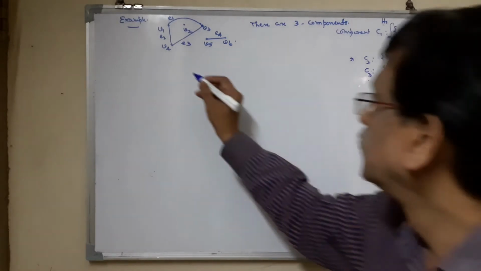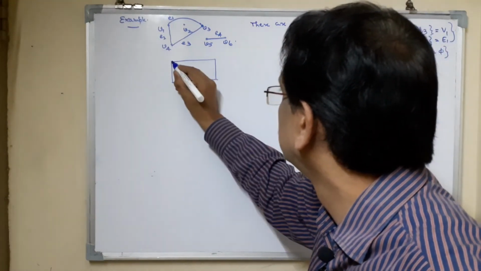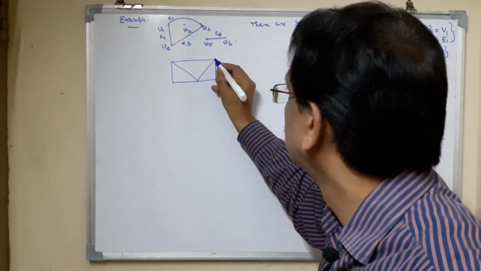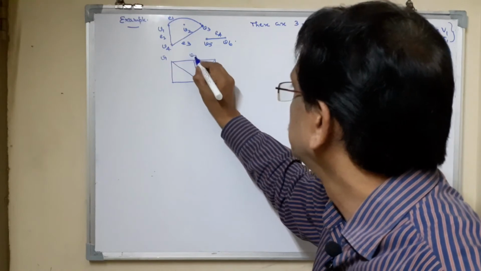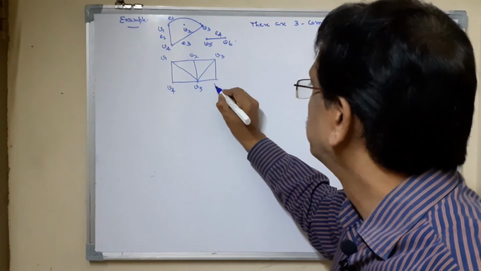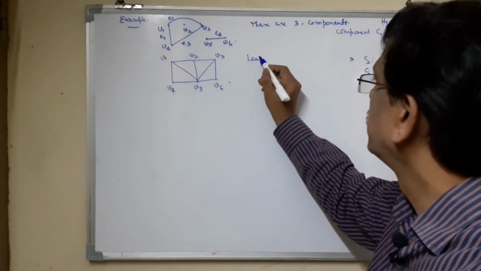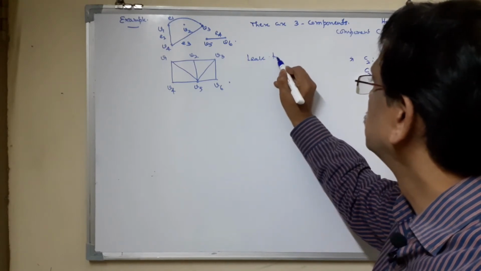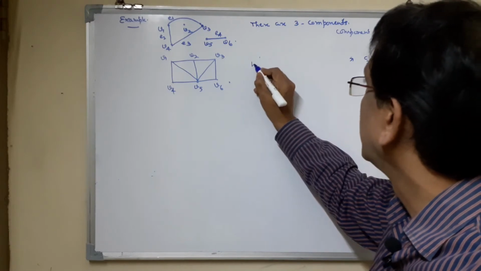Also, look at this example. V1, V2, V3, V4, V5, V6. That's a graph. Now I leave this for you to write the components.